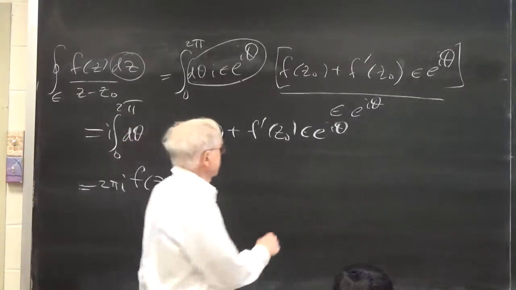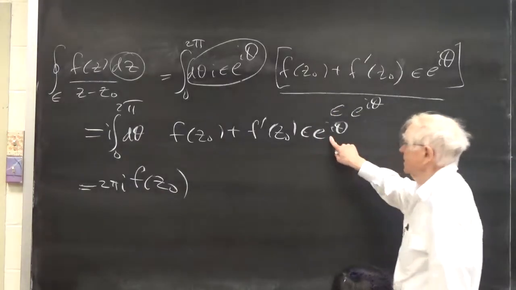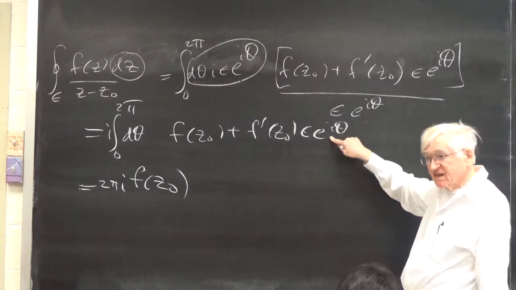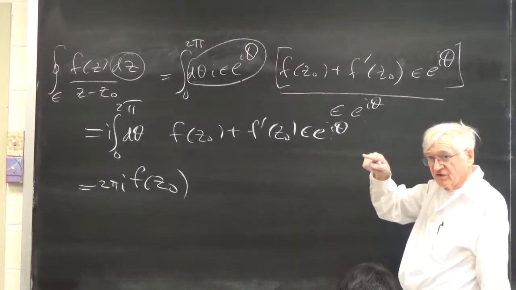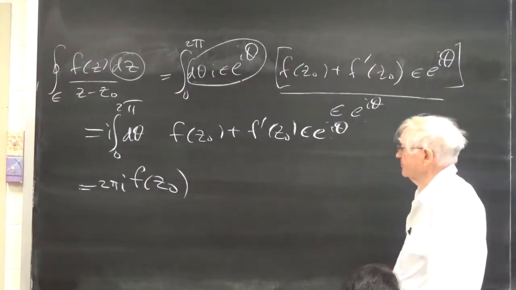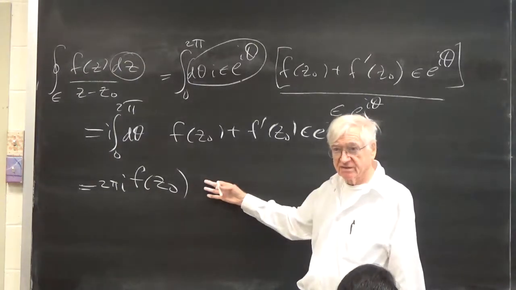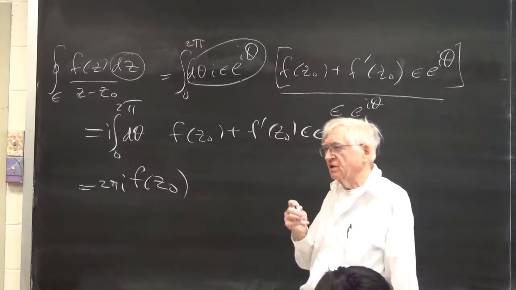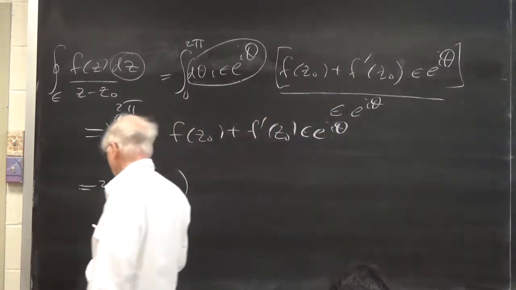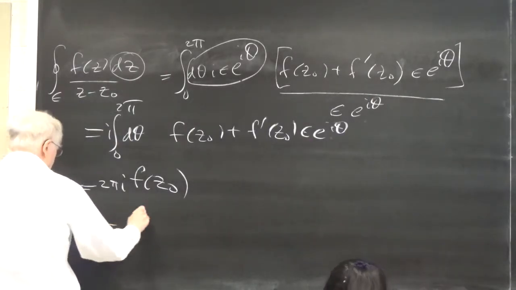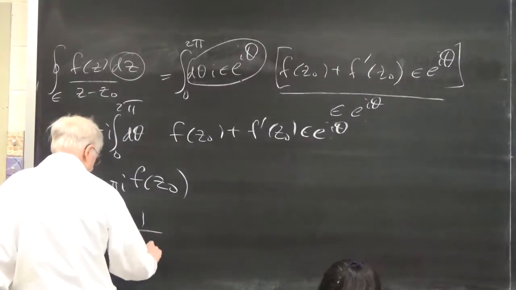On the other hand, the integral of a constant times e to the i theta integrated from 0 to 2 pi, that's 0. We saw that 0 over there, under the clock. So that's all this is. So for us, this is a miniature version of Cauchy's integral formula, namely that f of z0 is 1 over 2 pi i.